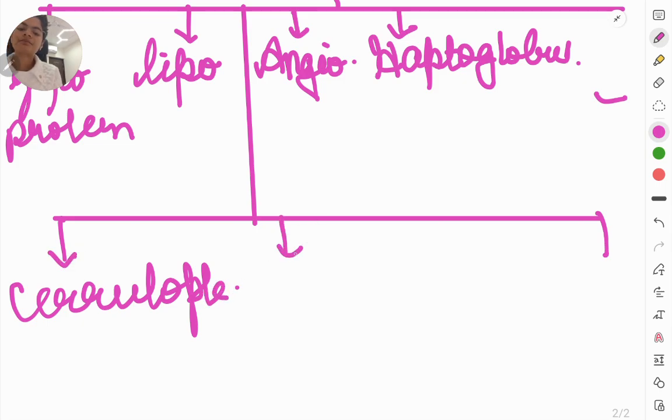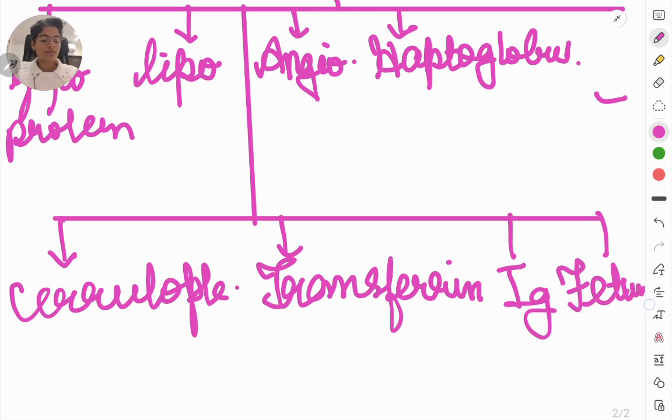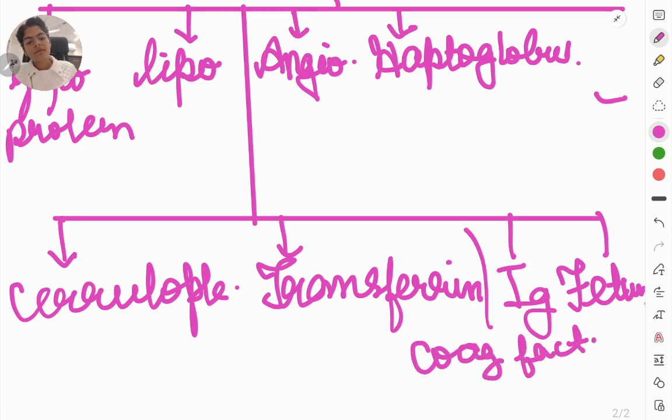Then transferrin, immunoglobulin. Other things are also there like phytoin, coagulation factor. So yeah, this was all of it.